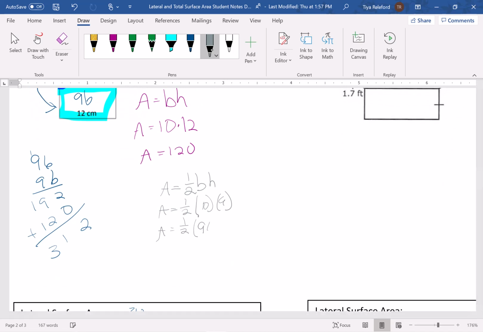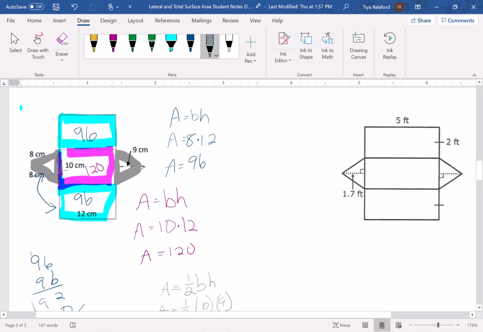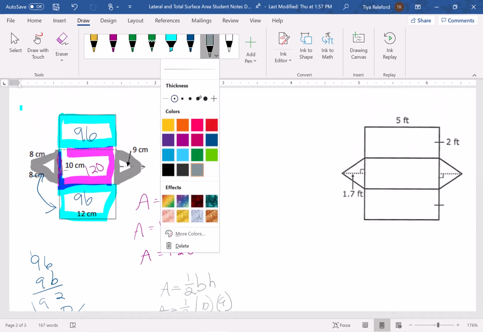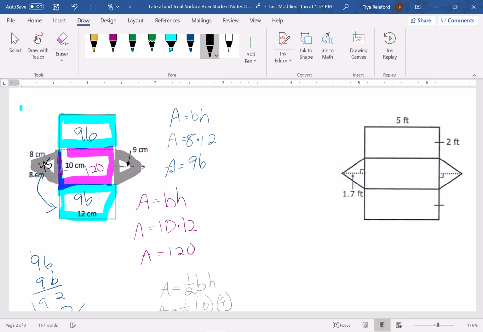Ten times 9 is 90. 90 divided by 2 is 45. If you need to pause and work that out, please do. You're going to write 45 in each of these.